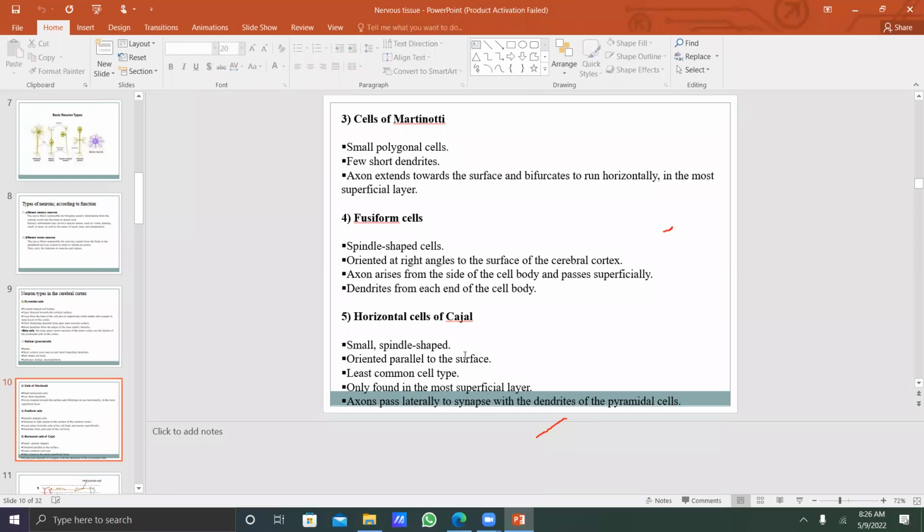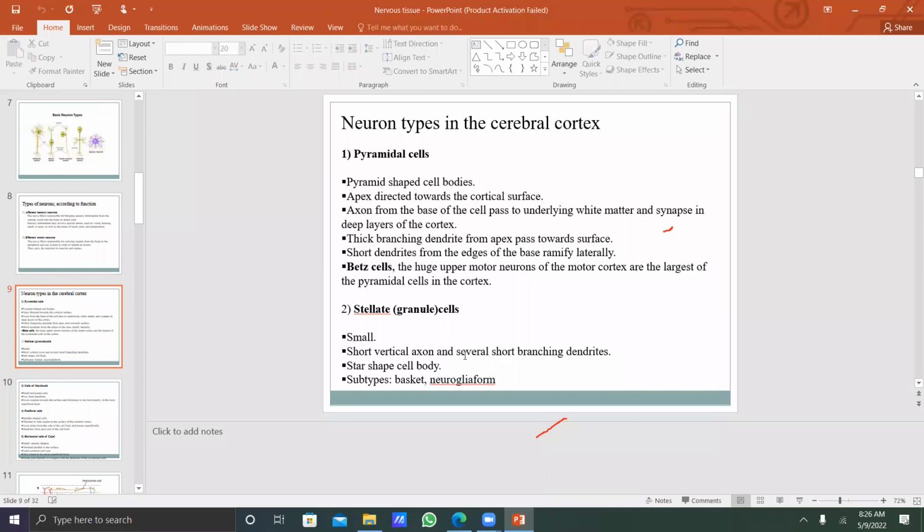You can see there are 5 main cell types in the cerebral cortex. These 5 main cell types are arranged according to 6 layers. So the main cell type is the pyramidal cells. They are named according to the shape of the cell bodies. The cell bodies are shaped as a pyramid. Its apex is directed toward the cerebral cortical surface.